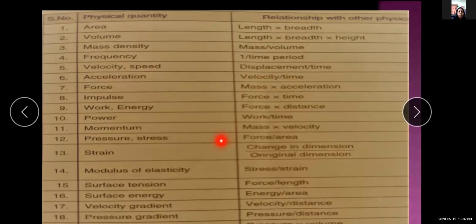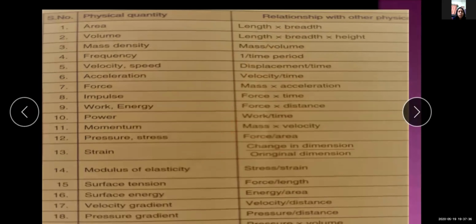And here are the relations with physics, the formulae of these quantities. Using these formulae, find the dimensional formula, the dimensions of each physical quantity.